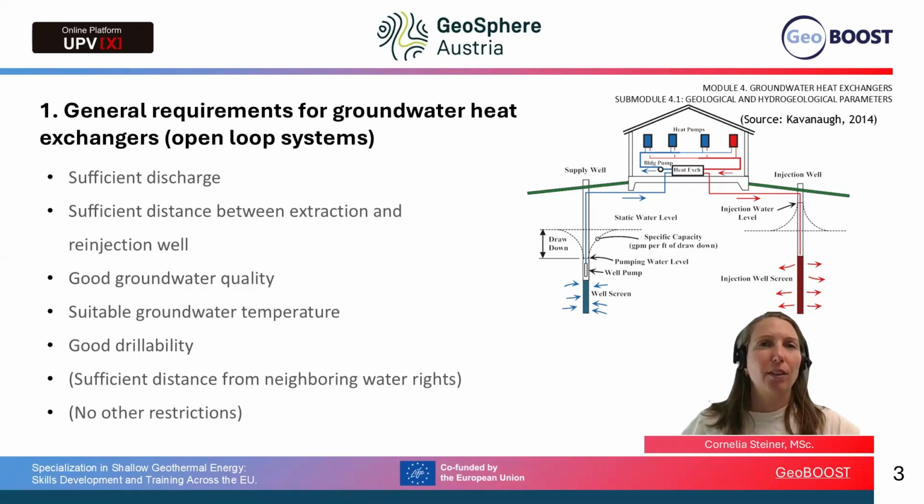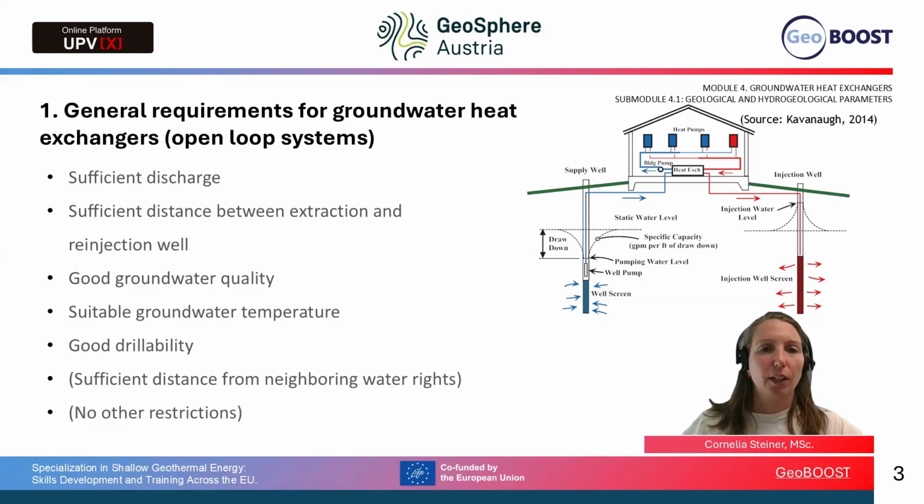And to run these systems efficiently, the following conditions have to be given in the groundwater. We need sufficient discharge. This affects how much water you can use, and thereby affects the amount of heat or cold that can be produced.